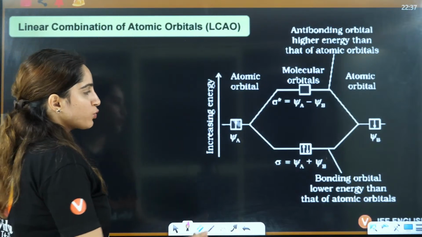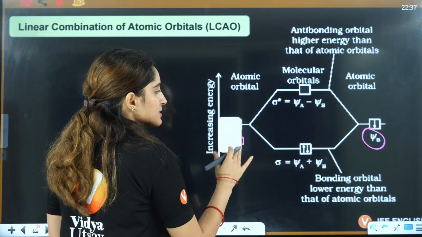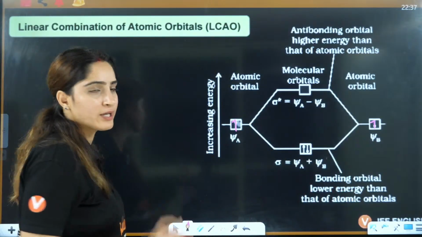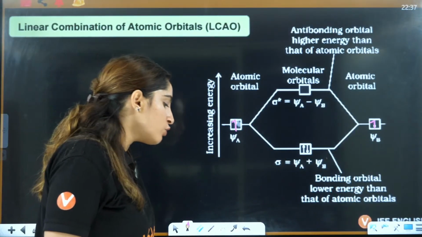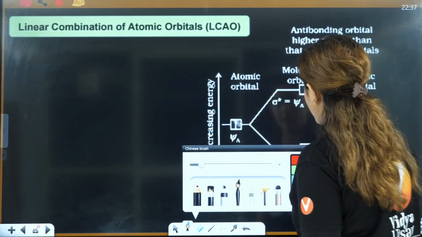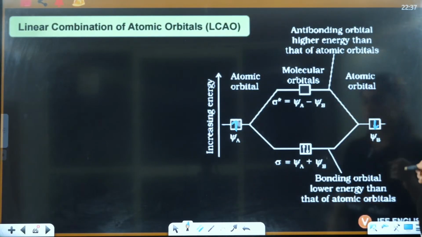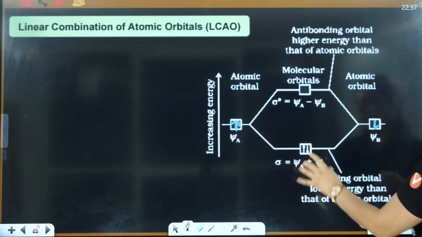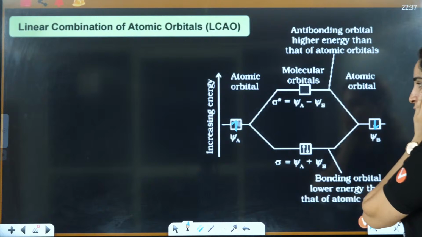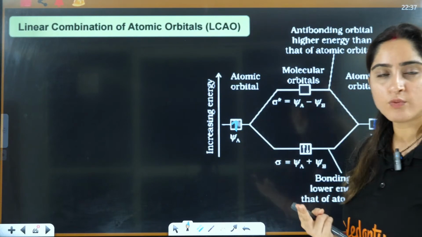So, just like I told you, this is atomic orbital, this is atomic orbital, right? Let's say here you have 1 electron, here you have 1 electron. First thing is these 2 electrons have to be of opposite spin. If this is upwards, this has to be downwards. It is forming this bonding molecular orbital and this anti-bonding molecular orbital. So together here you have 2 electrons in 1s.